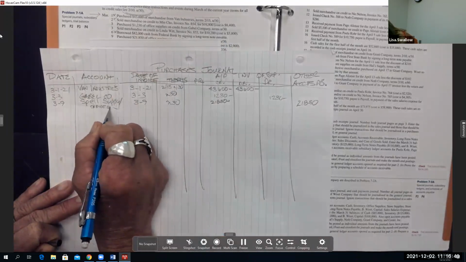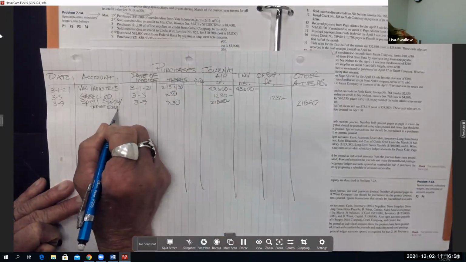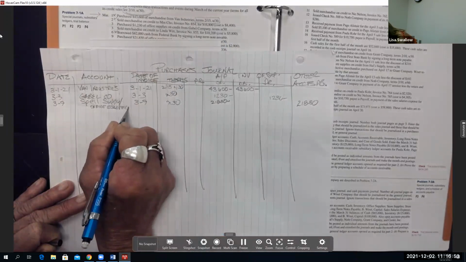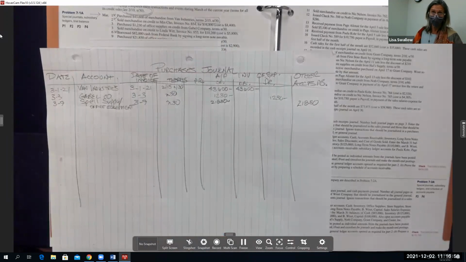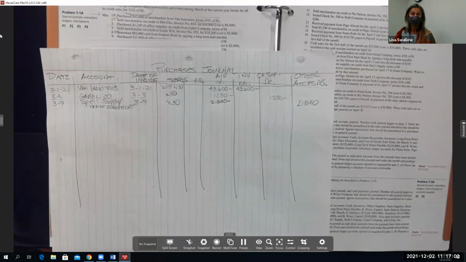So you've got to actually write them both in here. In other words, we have to post to our subsidiary ledger because we owe Spell Supply money, right? We also have to debit our what? Office equipment. And we're going to do that when we're done with this.